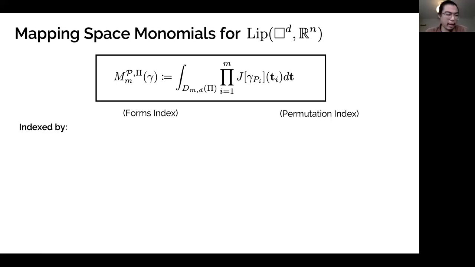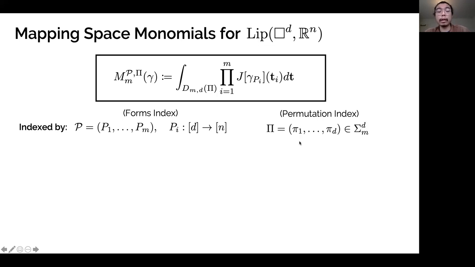In the path space setting, these monomials were indexed using this multi-index I. In this mapping space setting, we're going to have two different indices. There's going to be the forms index, which corresponds to which D forms we are using, and once again, I'm going to be using this P notation to denote differential forms. And there's also going to be a permutation index, which determines what the domain of integration is going to be.